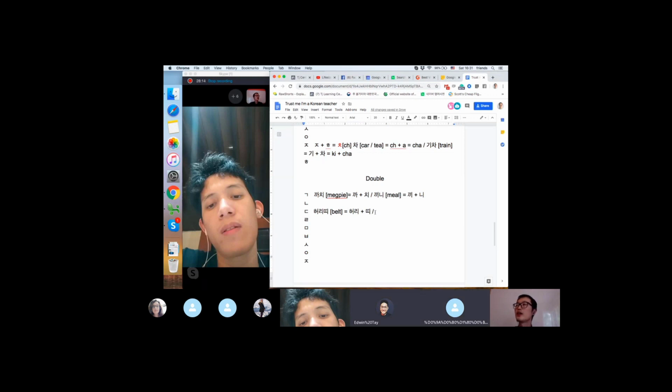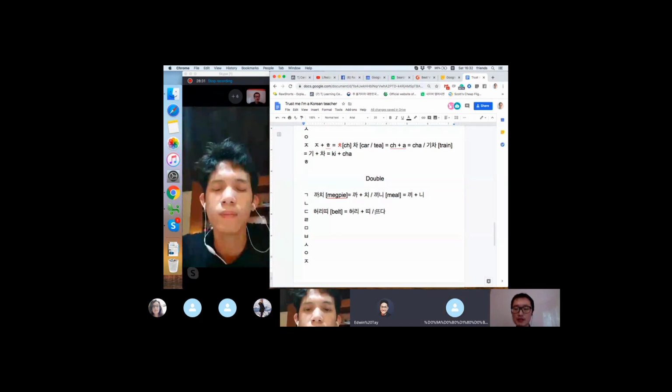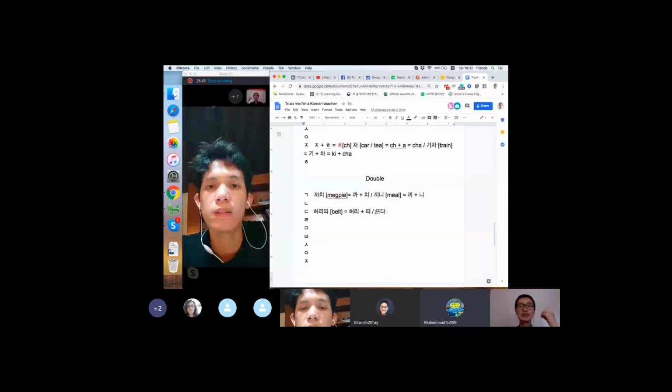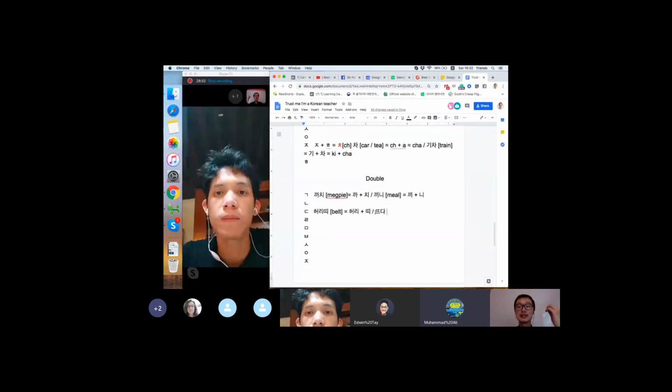Okay. What else? Another example. It has 2 syllables, and the first syllable has a sound ticket. And the vowel is so the sound of the first syllable is, and the second syllable is.